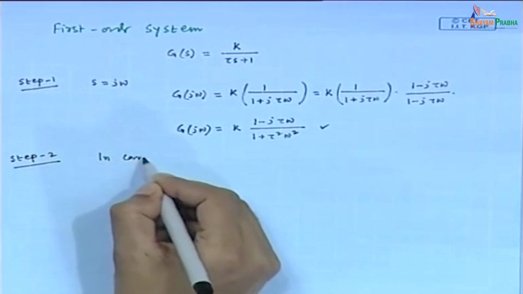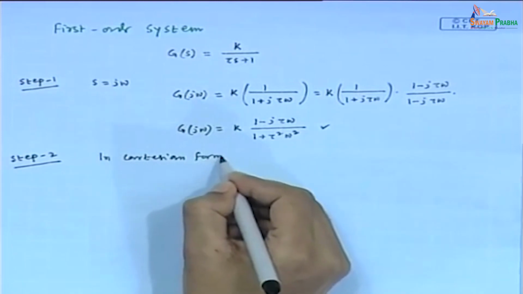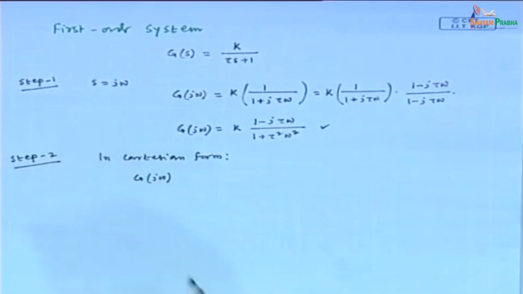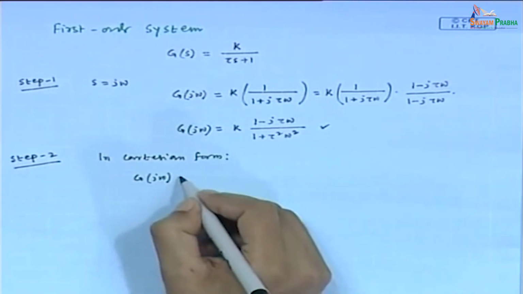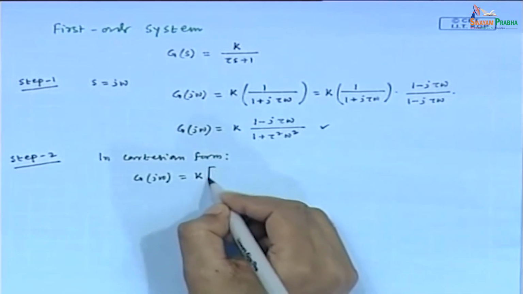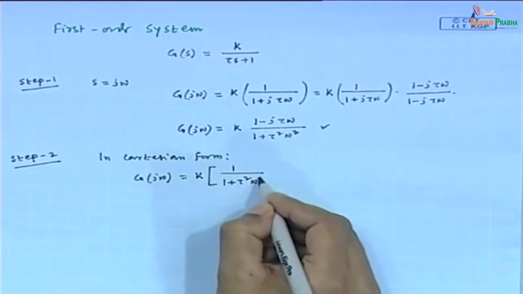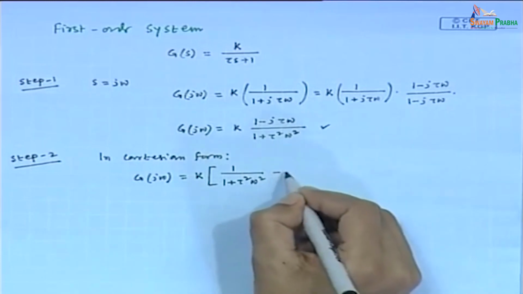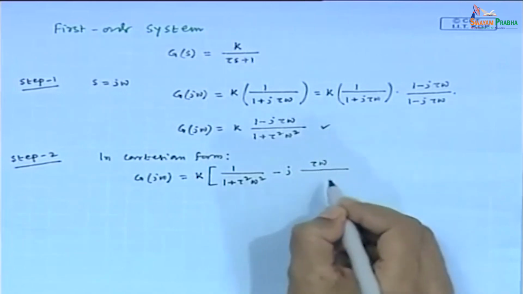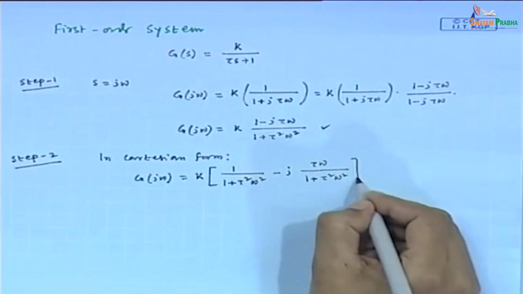In Cartesian form, we can write the frequency response transfer function as G(j omega) equals K multiplied by 1 divided by 1 plus tau square omega square, minus j tau omega divided by 1 plus tau square omega square.